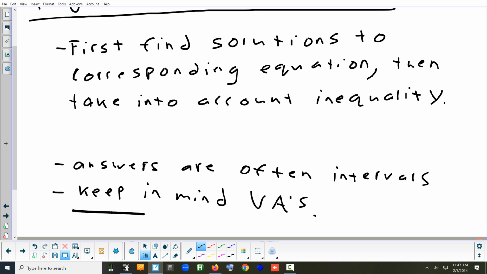Remember, vertical asymptotes break an interval. If you're trying to write an interval that needs to pass through an asymptote, you need to break it at the asymptote and then start it again. You cannot pass through a vertical asymptote in a single interval. The vertical asymptotes are going to be easy to find. I'm not going to give you one that's difficult. It would be at like pi or 2 pi, so it's going to be an obvious number.